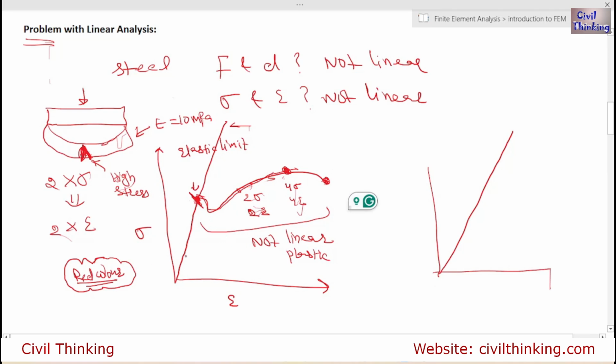The problem is it does not recognize the non-linear curve. Why? Because it is linear. Instead of showing stresses on this, it will follow a straight line beyond the elastic limit. Up to the elastic limit is fine, but beyond the elastic limit, it will misbehave, right? So this is the problem with linear analysis.